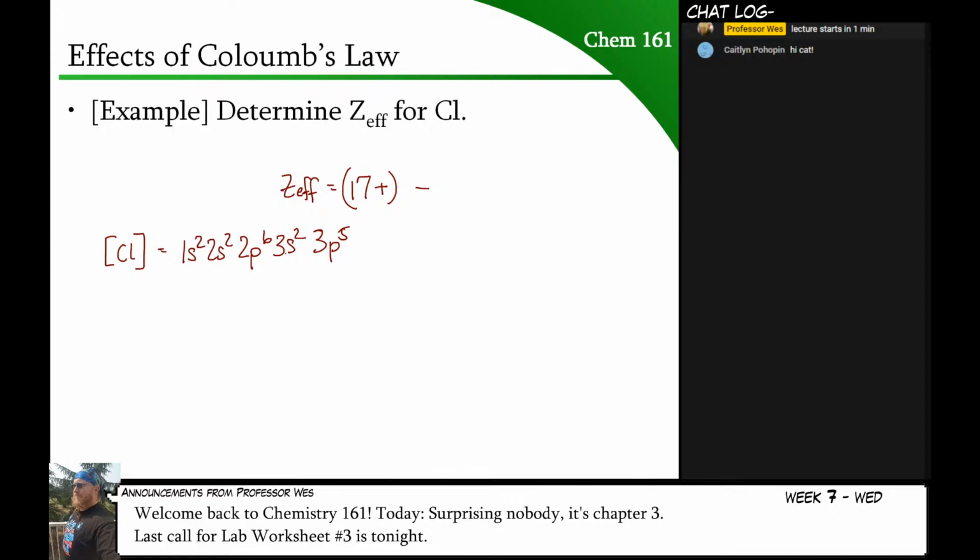The valence electrons are in the highest n, so these are valence. These are core. How many core electrons do I have? 6 plus 2 plus 2. My core electrons are the screening or shielding electrons. So I go like this.